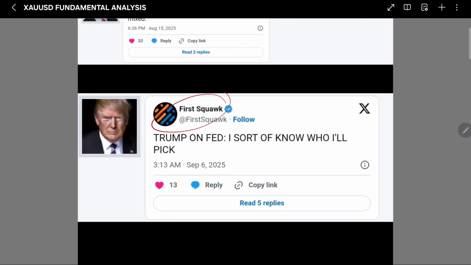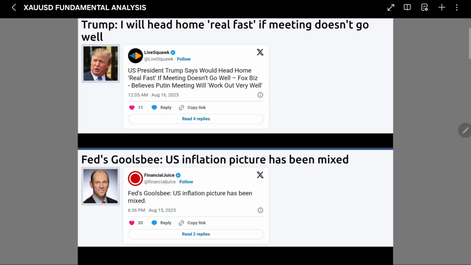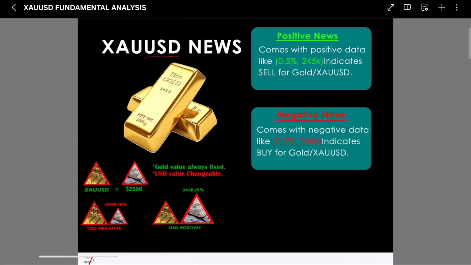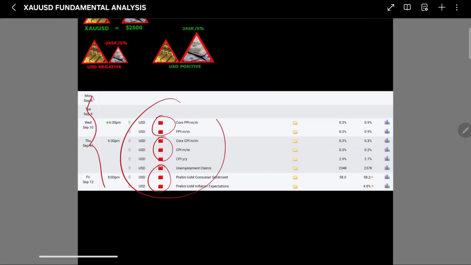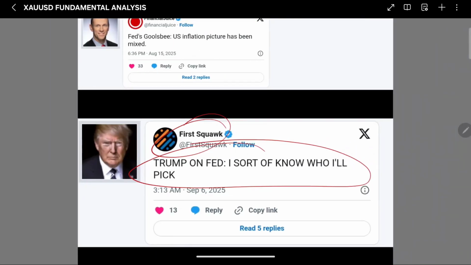That means President Trump speaks, or the Chinese president speaks, or Vladimir Putin speaks. That comes immediately without an economic calendar, so you have to follow what is happening around the world.